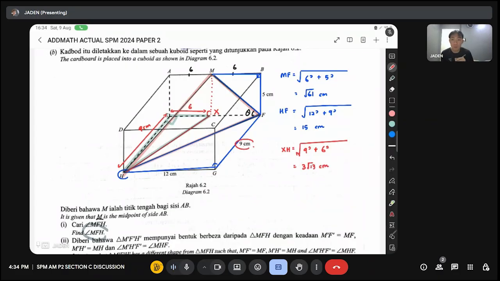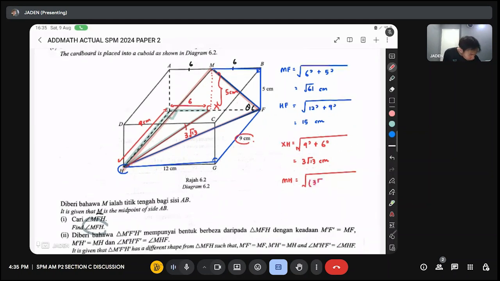But this is not what we want because we want M to H. So M to H right now, you can get it by doing square root of, we already have this height here, which is 5, and then the hypotenuse here, we just found out is square root of 117. So if you want to get MH, what you want to do is perform square root of 117 plus 5 squared, and that will give you your actual MH, and then you will end up with square root of 142.